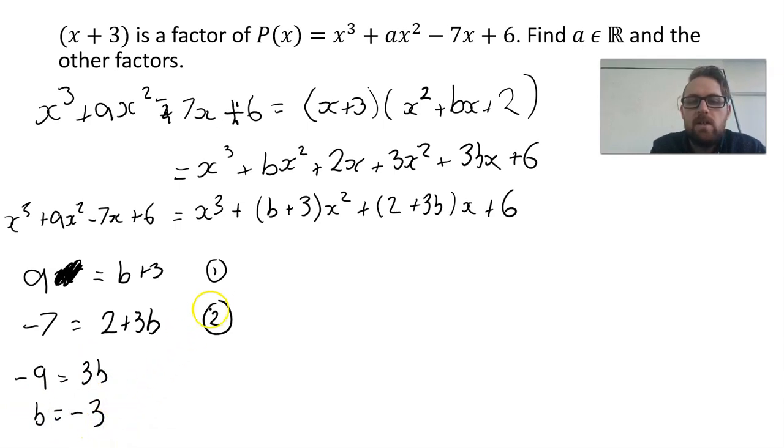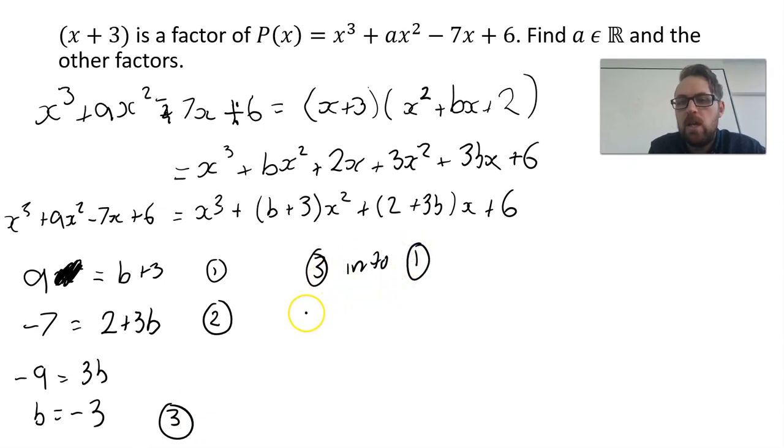Okay, so I'll call this number 3. So 3 into 1. And again, I'm just writing everything I do, so it's very obvious where we're going with this. So if b equals negative 3, I'm going to get a equals negative 3 plus 3, which is 0.